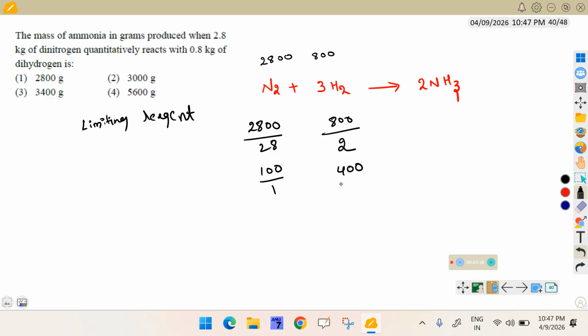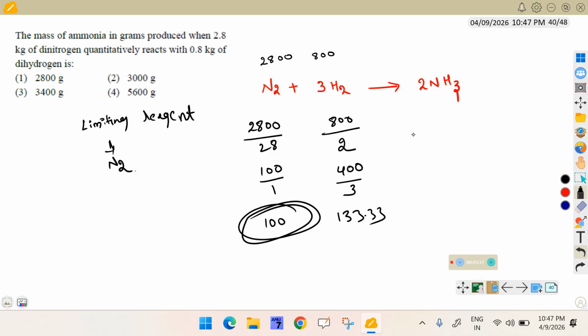Number of moles divided by stoichiometric coefficient: 100, and 133.33. So here limiting reagent is N2. According to this equation, 28 grams of N2 gives 34 grams of NH3.